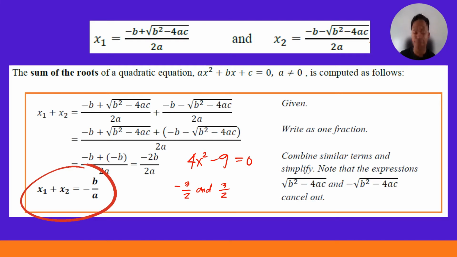If we're going to identify the values of A, B, and C, we have A is equal to 4, B is equal to 0 since there is no linear term, and C is equal to negative 9. If we're going to find the sum of the roots, we're going to add the roots. So if we add the roots, the sum is 0.